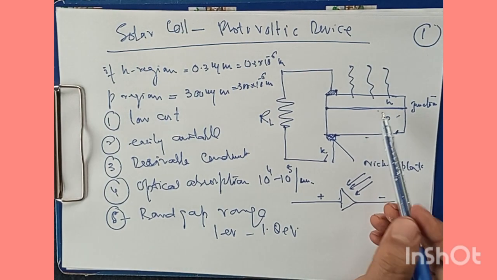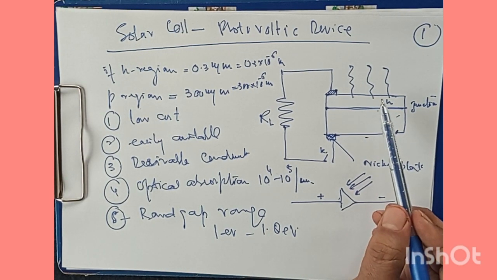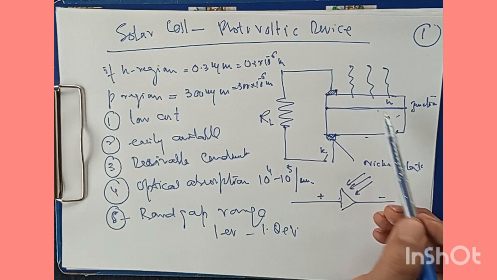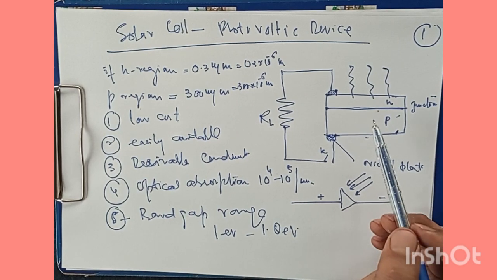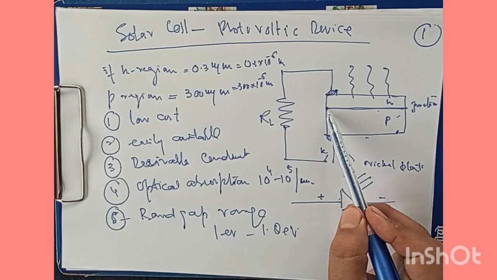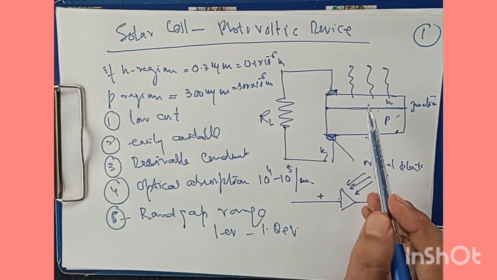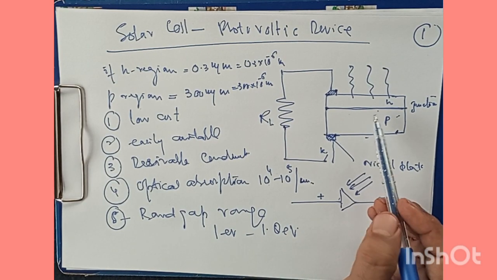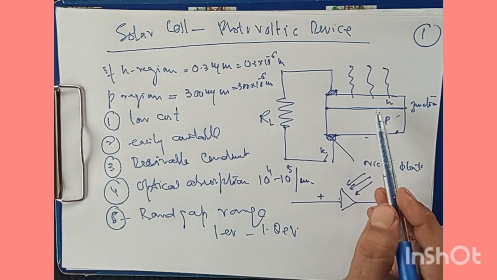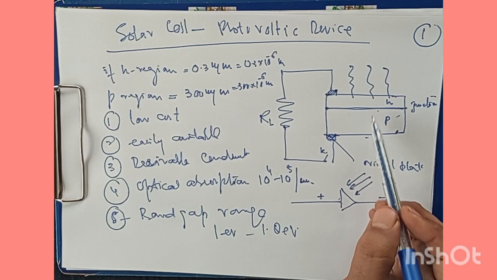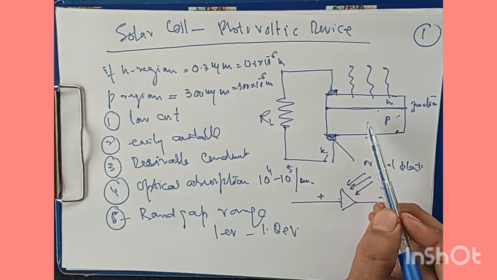Now, the electrons from P region diffuse through the junction to N region due to the electric field across the depletion layer, the electric field that's set up due to the barrier potential. Thus the holes and electrons are separated out. I can say that the electric field due to the barrier potential causes their separation.